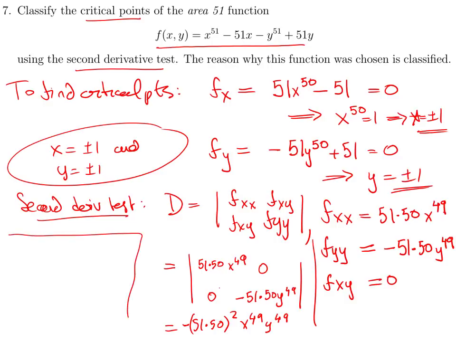And so now we have 4 critical points. We have 1, 1, 1, minus 1, minus 1, 1, and minus 1, minus 1. And at each point, we can calculate the value of d according to this formula that we derived. So what's the pattern? Well, x to the 49, if you plug in +1, it's positive.